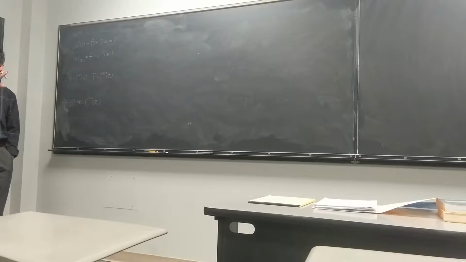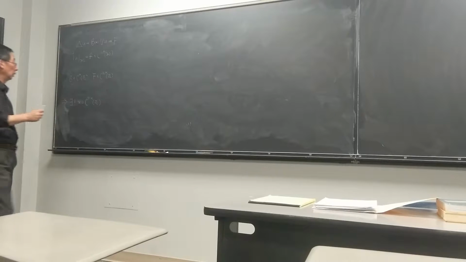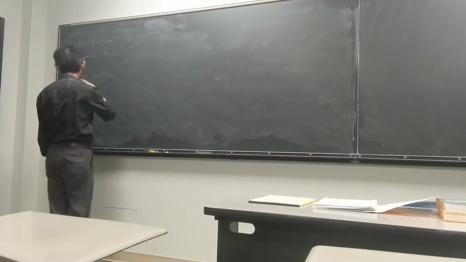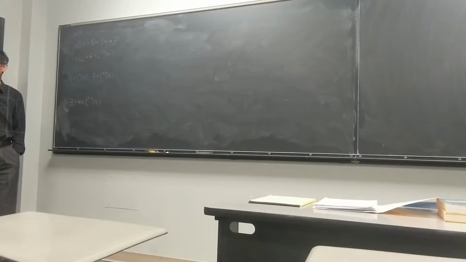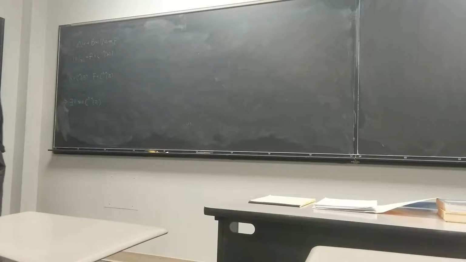It's called the a priori estimate. Holder estimate, right? So this estimate is that, suppose I don't know anything about the existing solution. However, I know that if a solution exists, then that solution should satisfy a certain estimate. That's the a priori estimate, right?